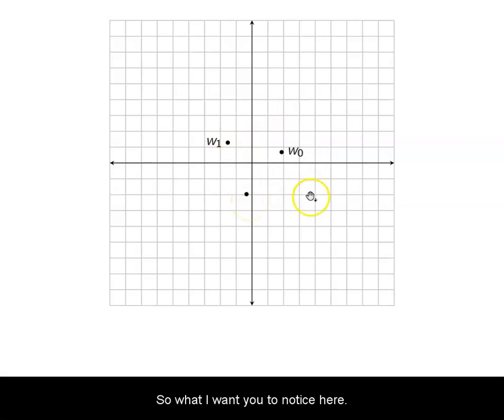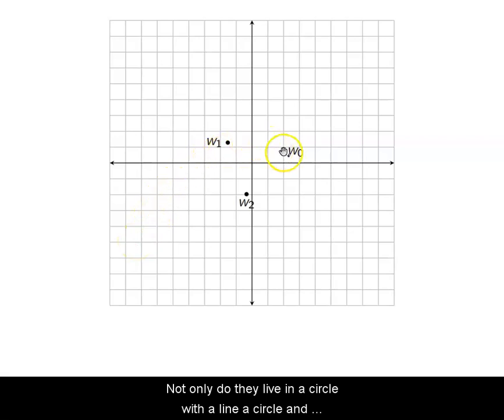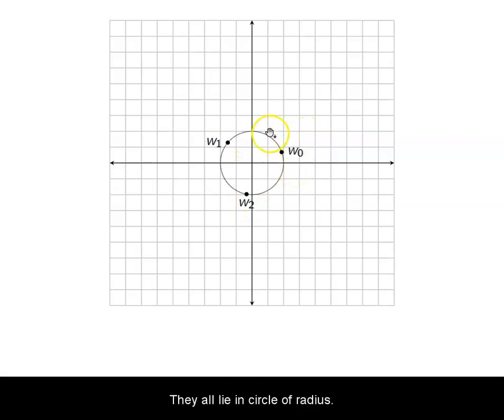What I want you to notice here is that all of these points actually lie on a circle. Not only do they lie on a circle, but they're equidistant apart. The distance from W0 to W1 is the same as W1 to W2, is the same as the distance from W2 to W0. They all lie on a circle of radius 2.